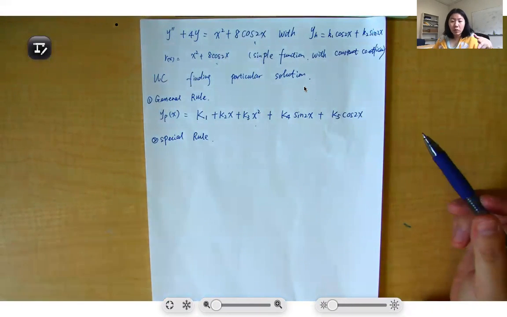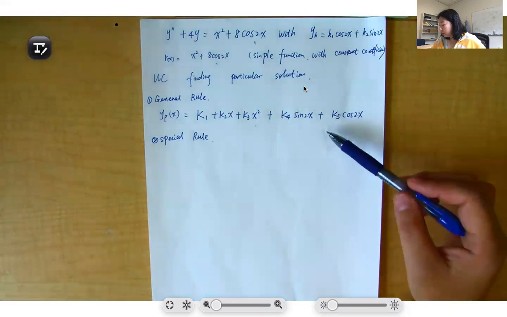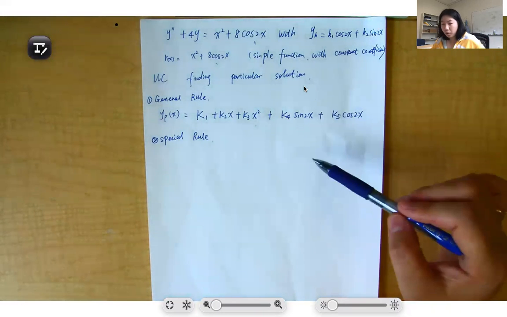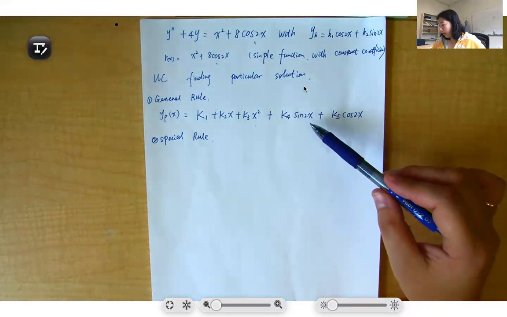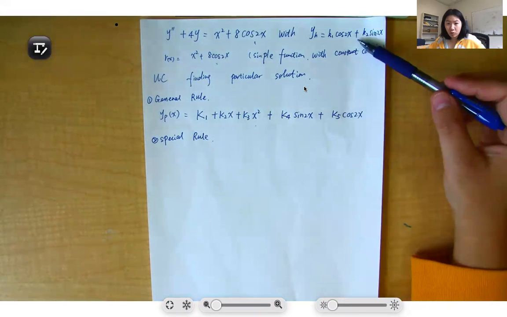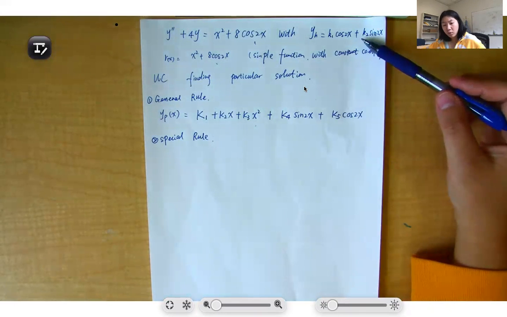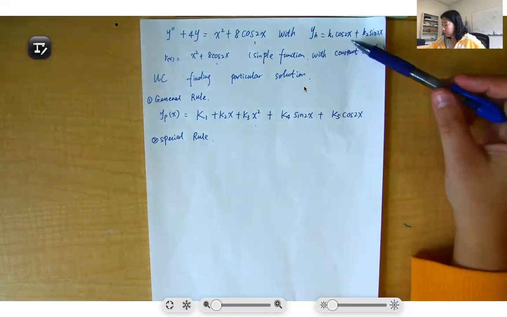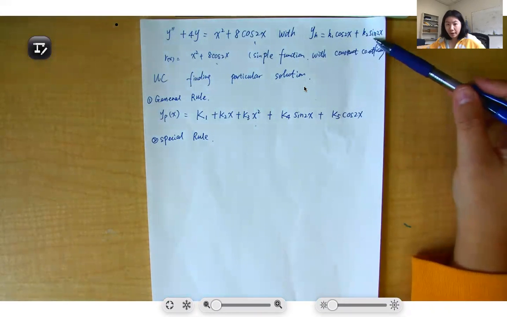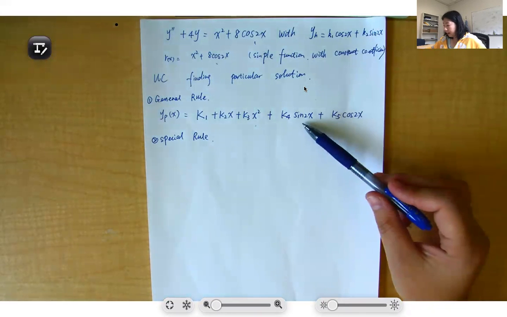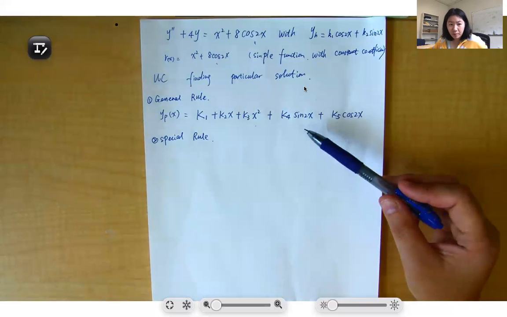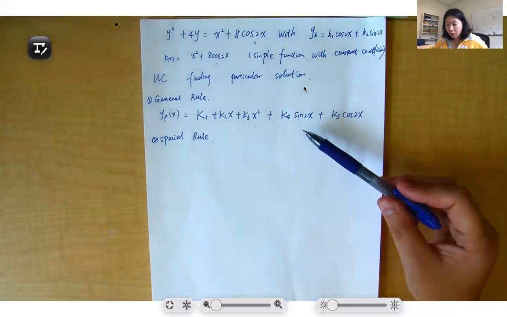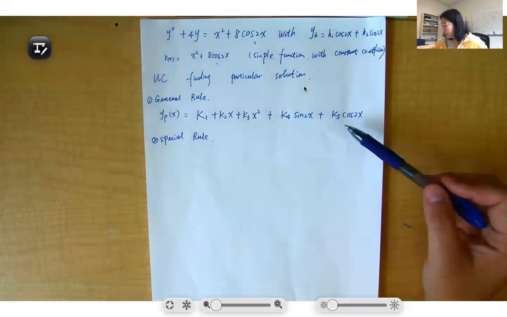The special rule says that if you use the general rule to get the form of the particular solution, and in the form some terms are the same as the homogeneous terms, then that term needs to be multiplied by x. So let's see, our homogeneous solution is cosine 2x and sine 2x. And you see our particular solution format using the general rule also has sine 2x and cosine 2x.